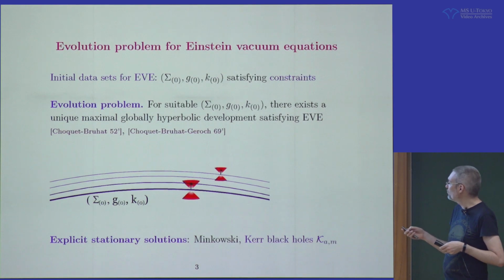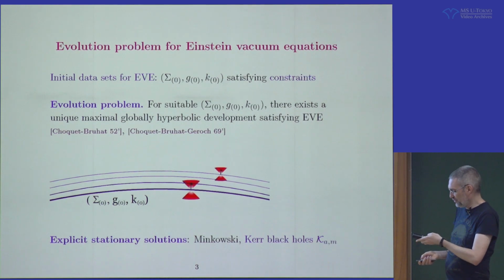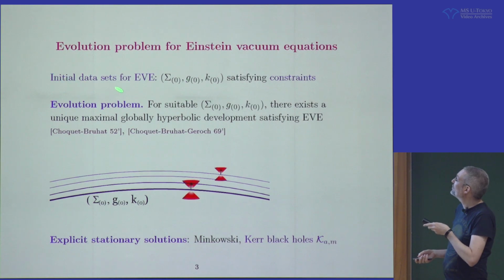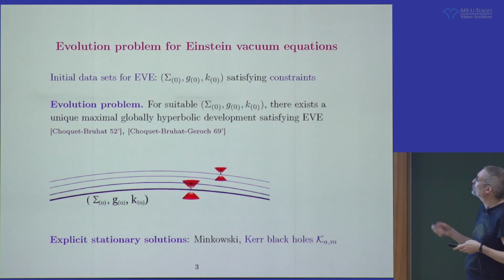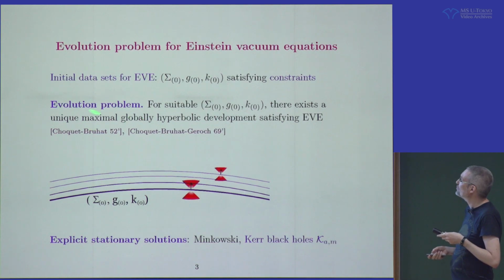Just for reference, you can set up the initial data sets for Einstein vacuum equations as a triplet given by a three-dimensional manifold Sigma, a Riemannian metric g0 on Sigma, and a symmetric 2-tensor k again on Sigma. These have to satisfy some compatibility conditions known as the constraint equations, which are a geometric system of elliptic partial differential equations. But I'm not going to write them down because they're not going to play a role. The only important thing to remember is that this is an evolution problem.